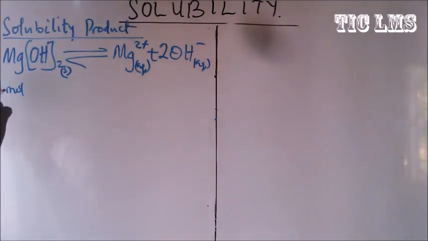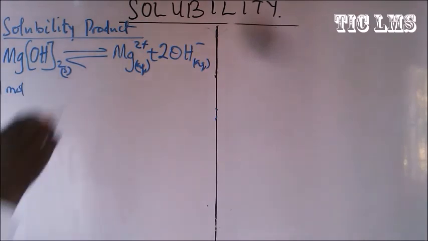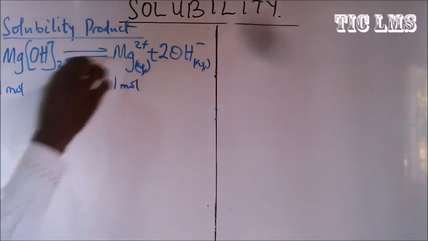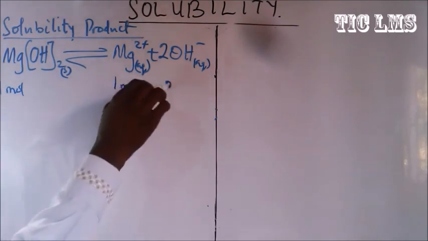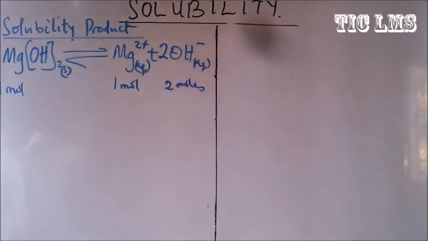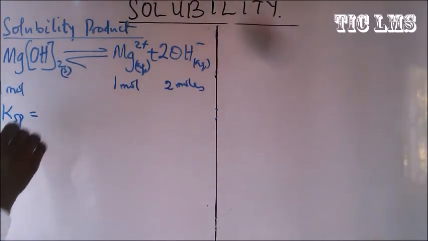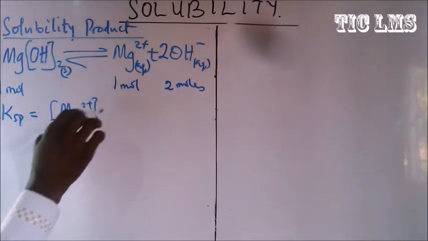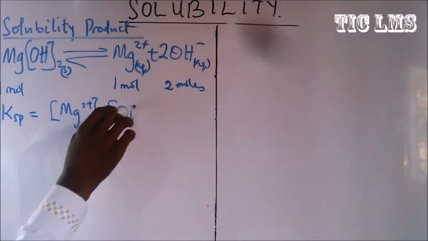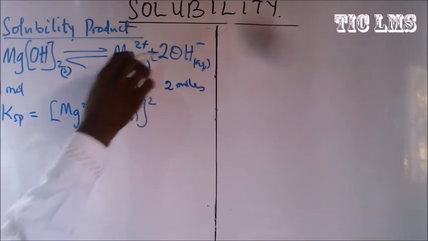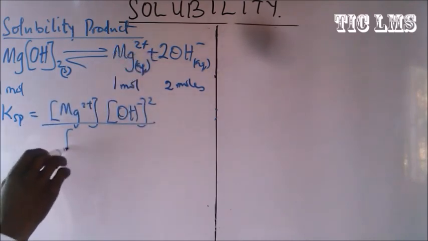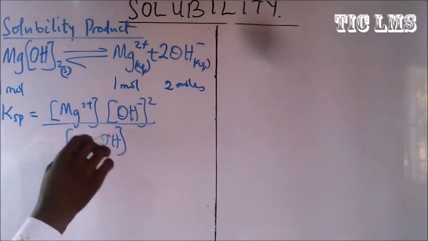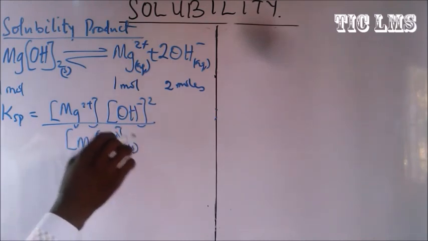So from here we have that 1 mole of magnesium hydroxide produces 1 mole of magnesium ion and then 2 moles of hydroxyl ion. Then the solubility product constant is equal to the concentration of magnesium ion multiplied by the concentration of hydroxyl ion, which is raised to power 2, divided by the concentration of magnesium hydroxide. Now this is a solid.